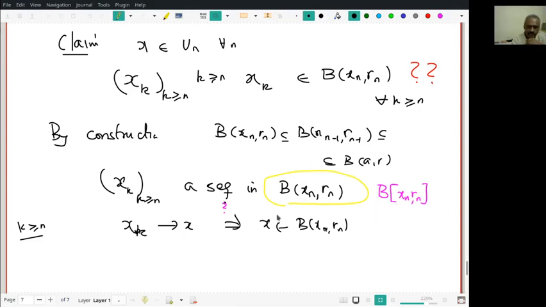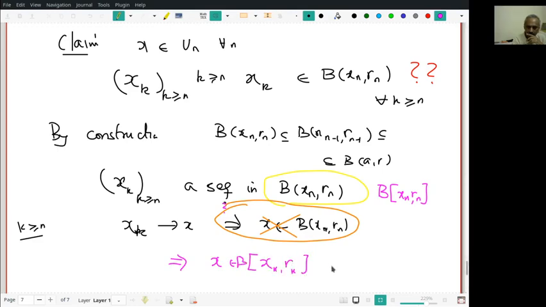Therefore x belongs to the intersection of these closed balls over k. But that is contained in B(xn, Rn), which is contained in Un by our construction.